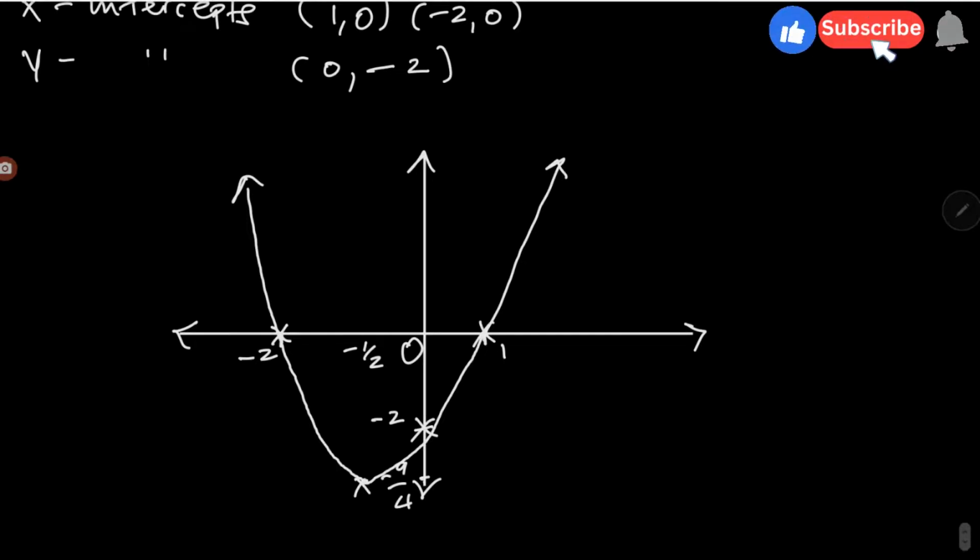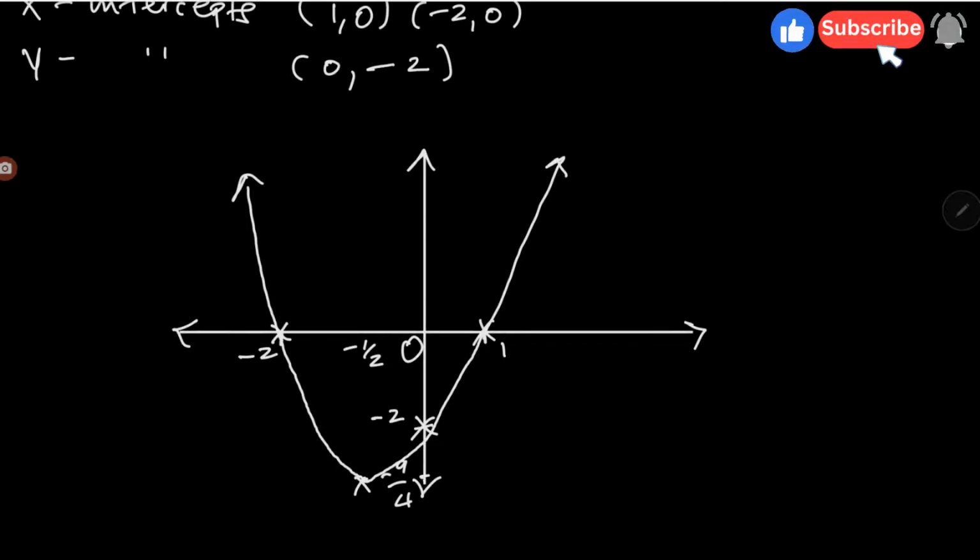Okay, so what if we have another function, say f of x is equal to minus x squared plus 2x minus 3.